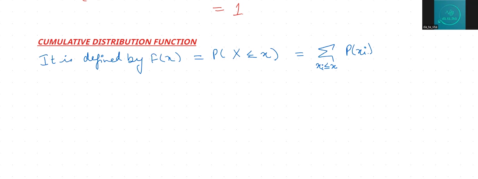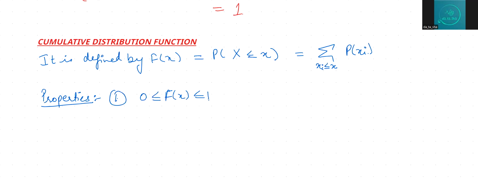Now, there are certain properties of F of x that we need to understand. So let me just take the various properties. The first property is that F of x always lies between 0 and 1. This is true because it has to be greater than or equal to 0, because probabilities are always greater than or equal to 0. And why is it less than or equal to 1?